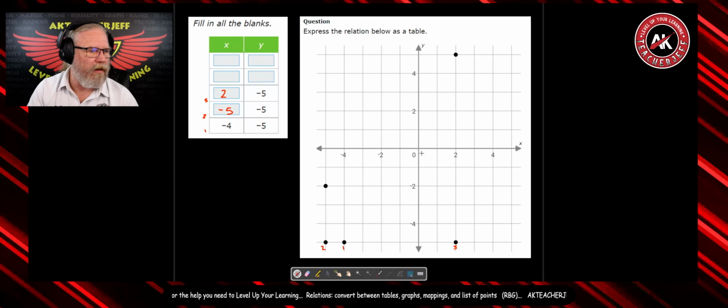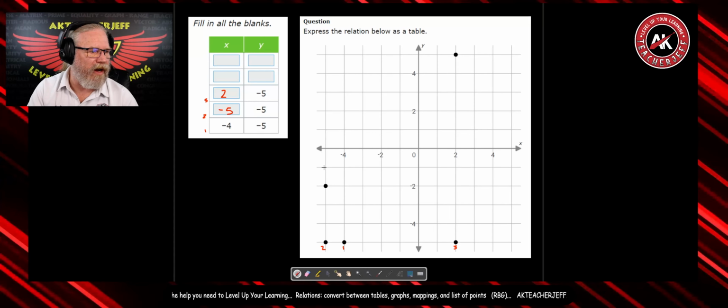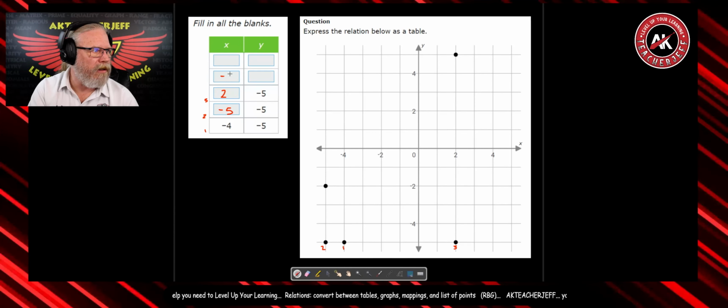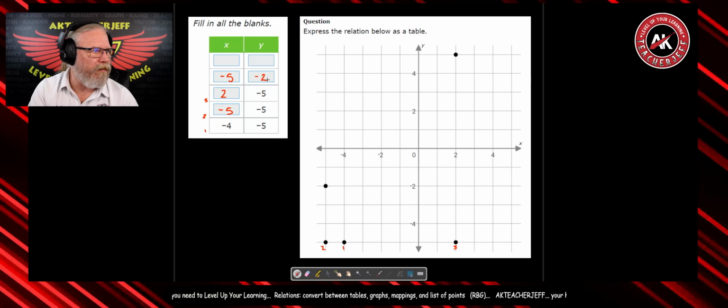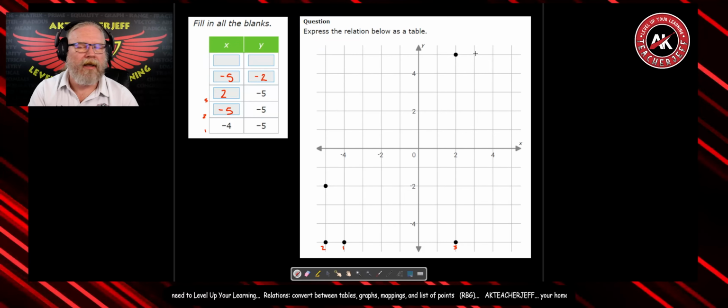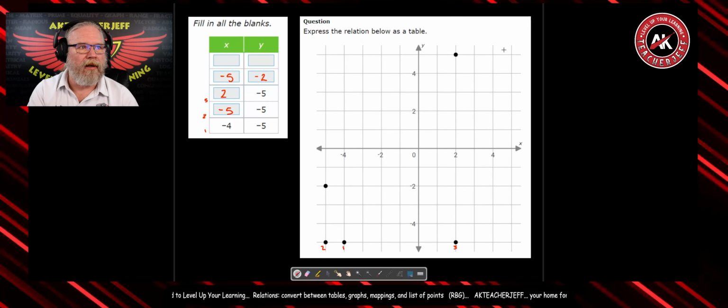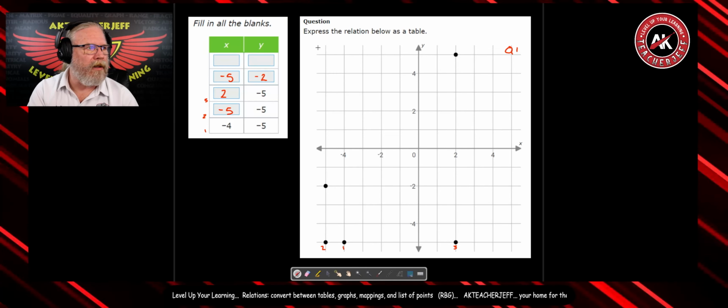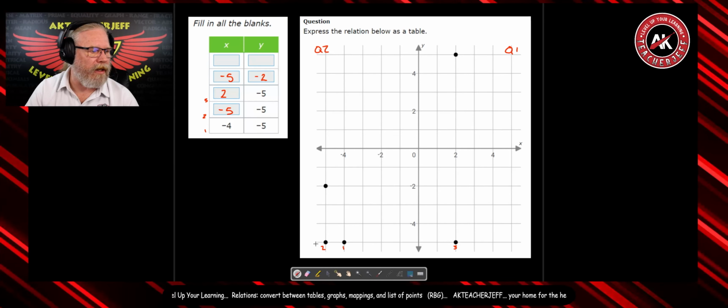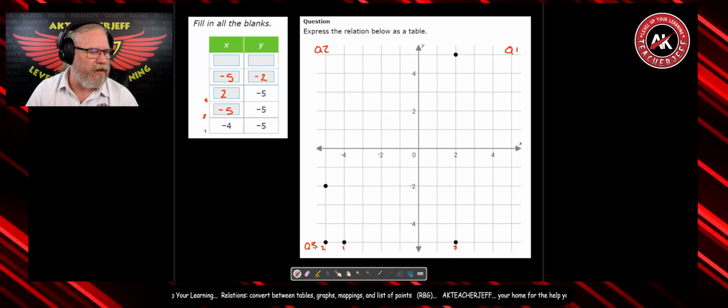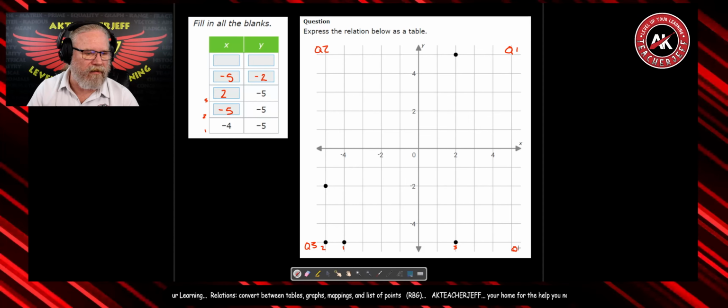So let's see. Whenever I have an input of -5 here, I'm going to output a -2. Let's go -5, -2. And then up here, I know this is what's known as the first quadrant. Over here is quadrant 1. This is quadrant 2. I know you go like the opposite direction of what you would think. This is quadrant 3, and this is quadrant 4.